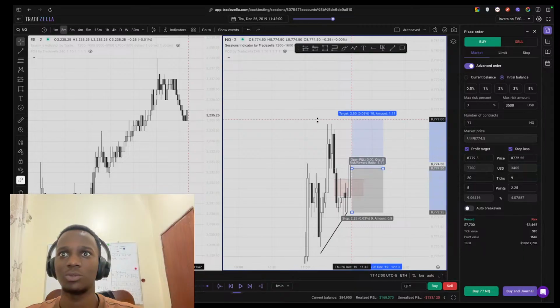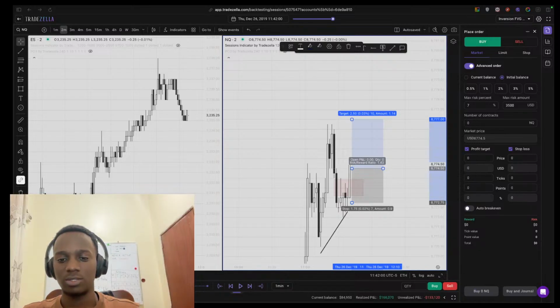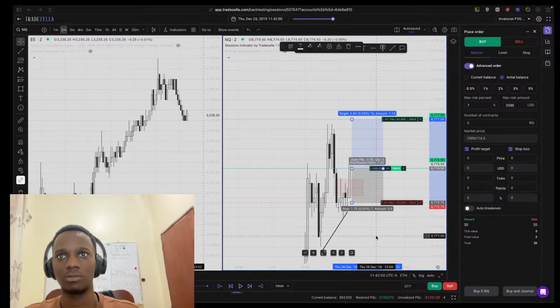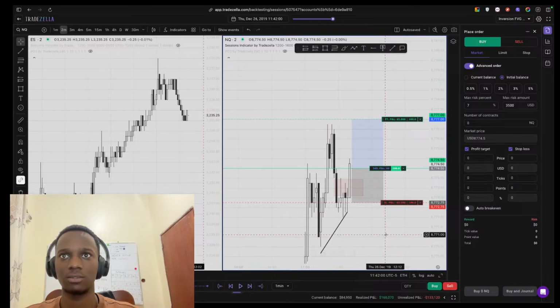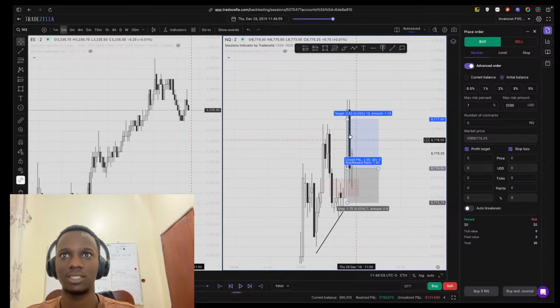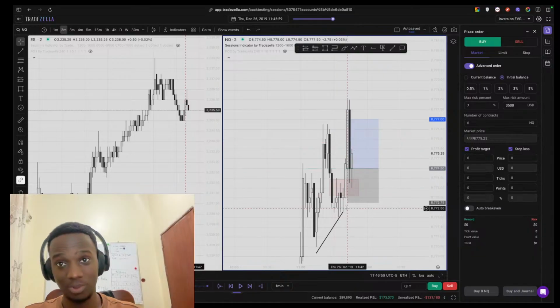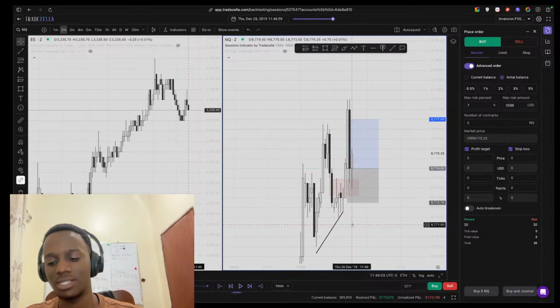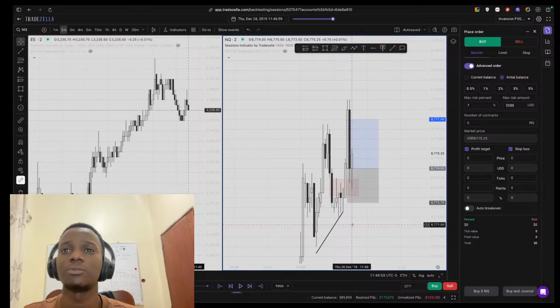This will be like a 1-to-1, close to a 1-to-1, if not a 1-to-1. So as long as it floats the boat, we are okay. And it hits take profit in 2 minutes, then reverses. It's a very beautiful trade there.